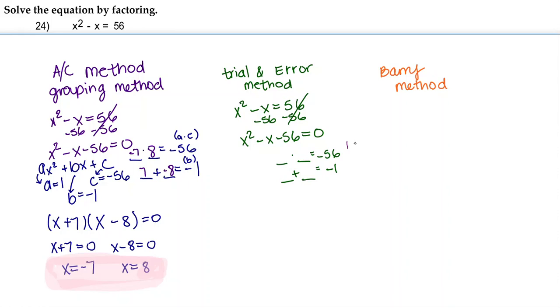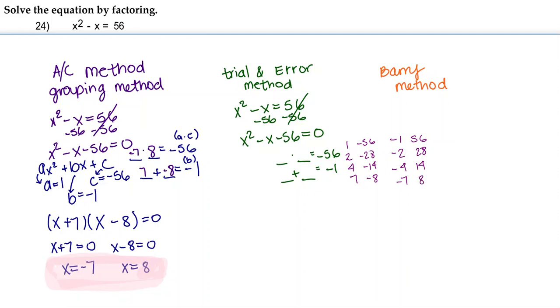So we have 1 and negative 56, 2 and negative 28, 4 and negative 14, and 7 and negative 8, and we also have the signs going the other way: negative 1 and positive 56, negative 2 and positive 28, negative 4 and positive 14, and negative 7 and positive 8.